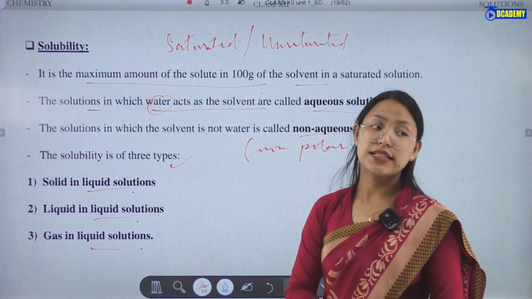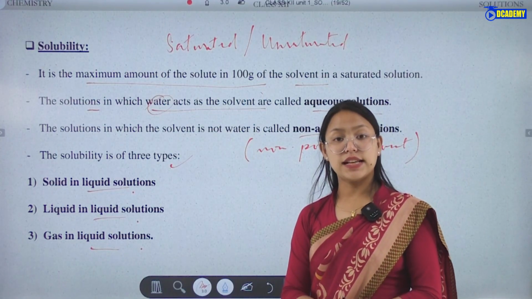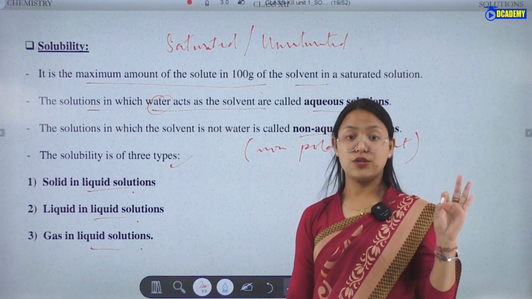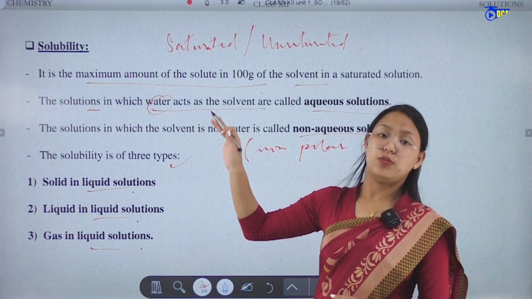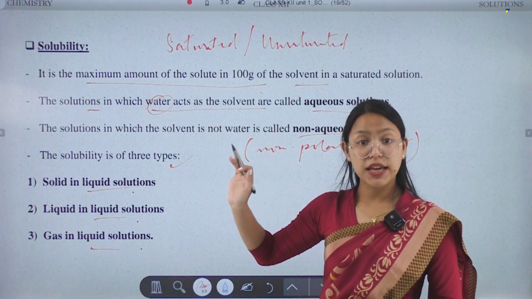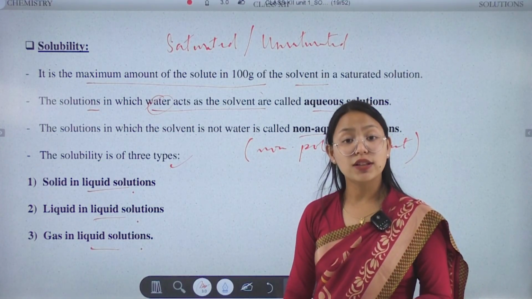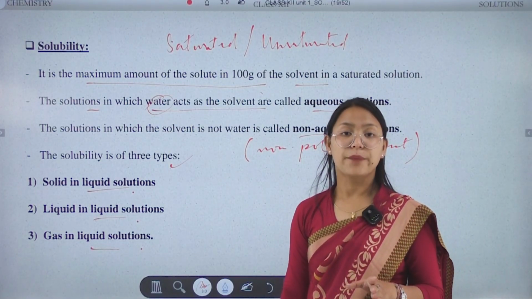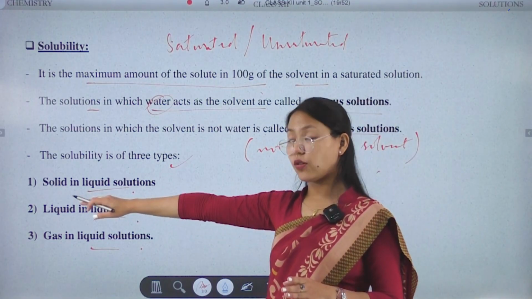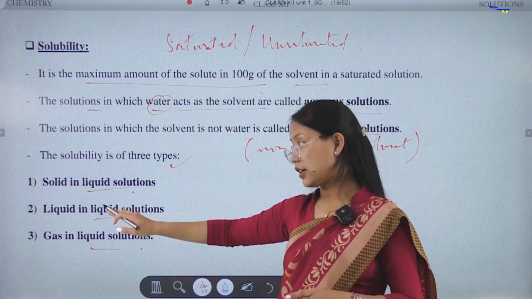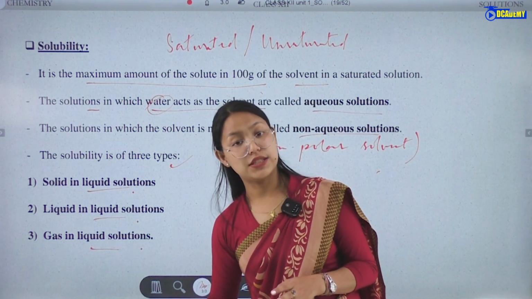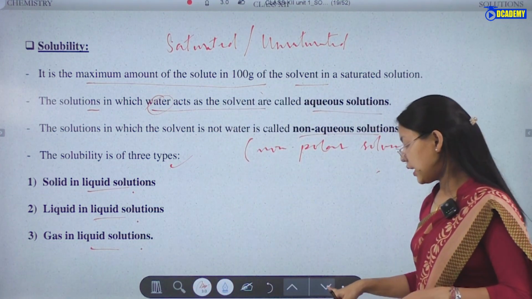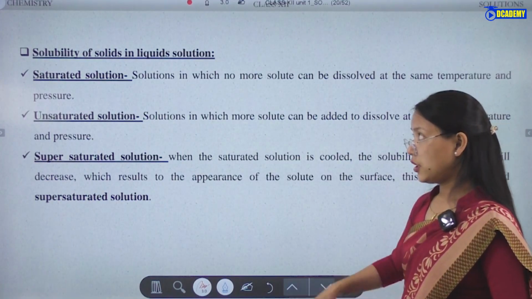There are gas solutions, solid solutions and liquid solutions, but for testing this solubility we are taking only the liquid solutions type. So liquid solutions are solid in liquid, liquid in liquid, gas in liquid solutions. So let's continue.